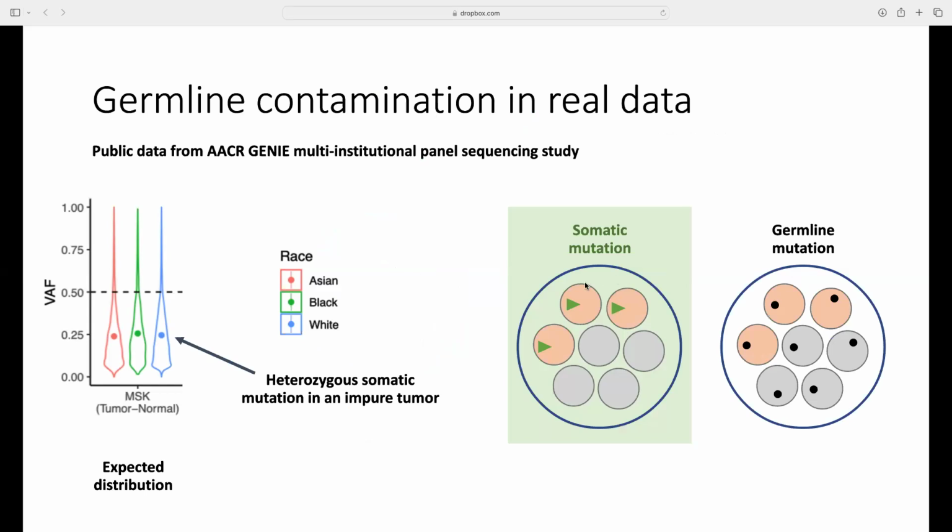So for a given called somatic mutation, the number of reads that support the somatic mutation as a function of the total number of reads. For a true somatic variant, we expect this distribution to be below 0.5 and usually quite a lot below 0.5 because tumors are impure. Most of the time they contain a lot of other cells.